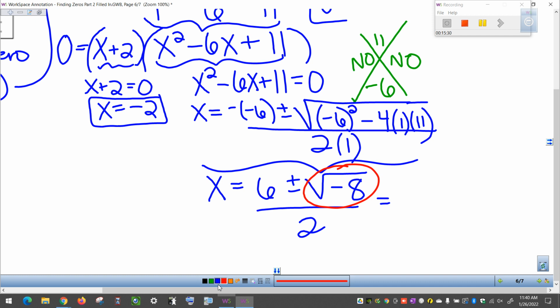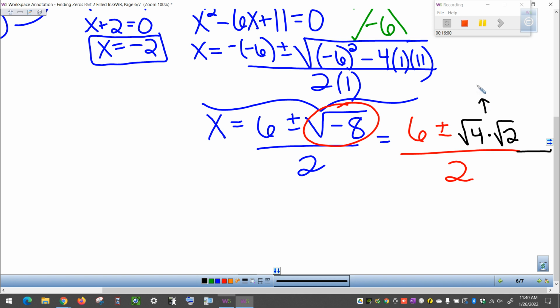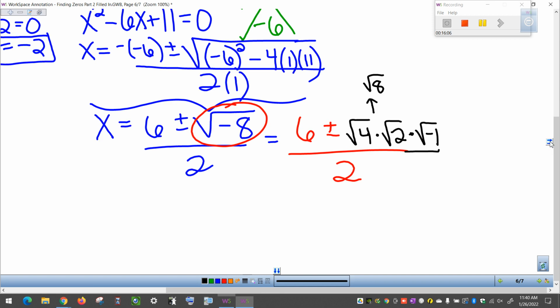But we can also simplify the square root of 8 parts. And so this whole part, we'll just have the 6 stay the same, the 2 stay the same. What that part is going to turn into, I would think of it as square root 4 times square root 2. That's really the same thing as the square root of 8. And then we'll multiply by the square root of negative 1 at the end of it.